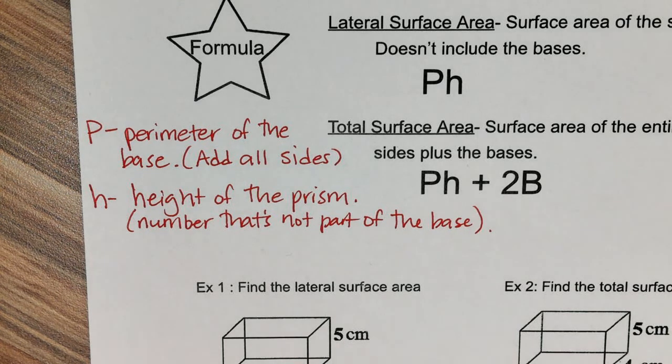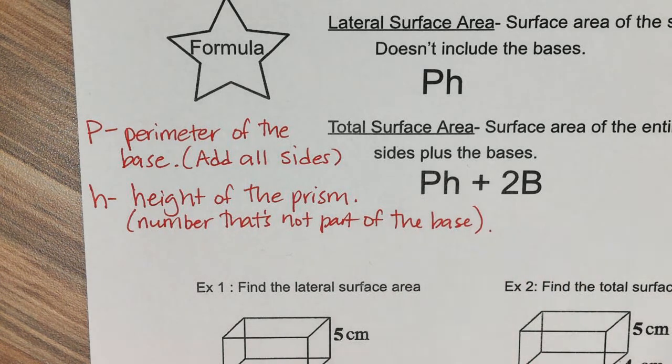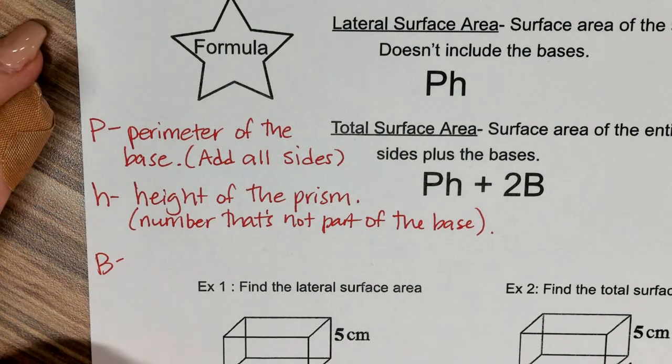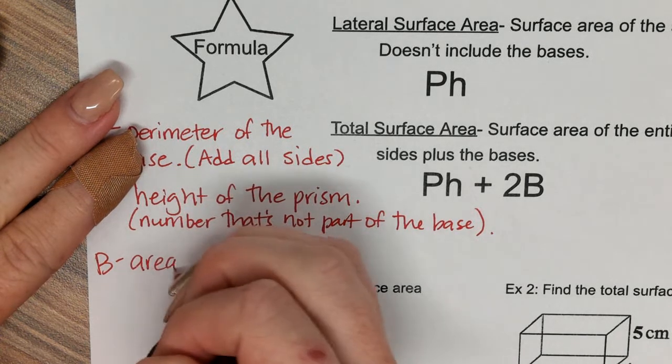All right, and the last piece of the formula, what's the last piece we need? We have a P and H. What else do we need? A big B. Who remembers what big B means? It doesn't just mean base. Area of the base.